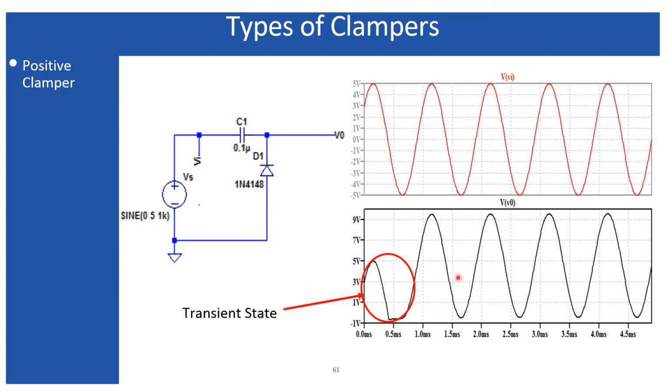In both cases, it is not symmetric with respect to the zero reference level. Therefore, it is introducing some DC voltage. So a clamper circuit is nothing but a circuit to introduce a DC voltage by shifting the input in either direction, positive or negative.